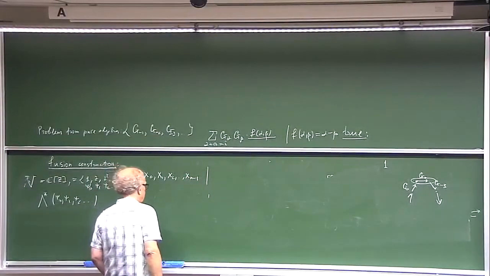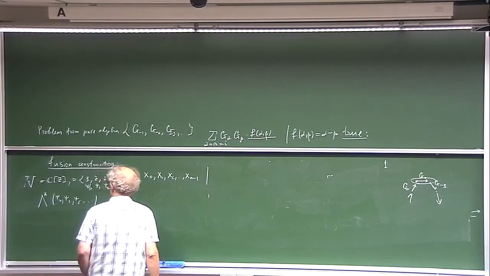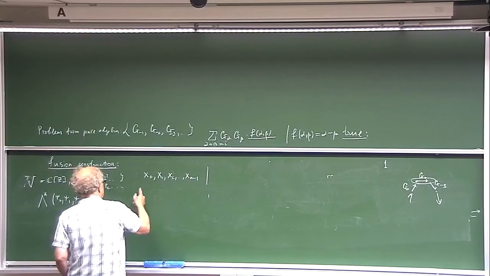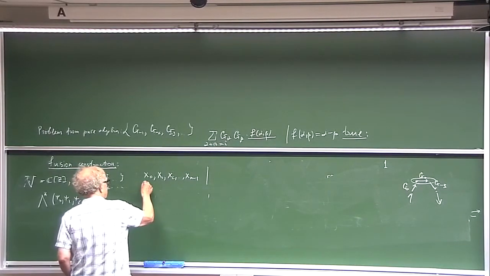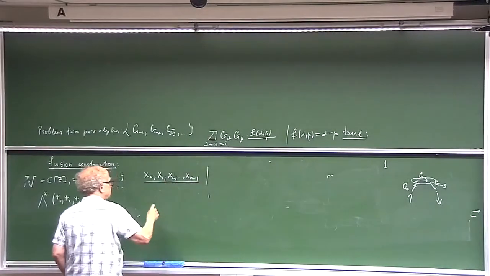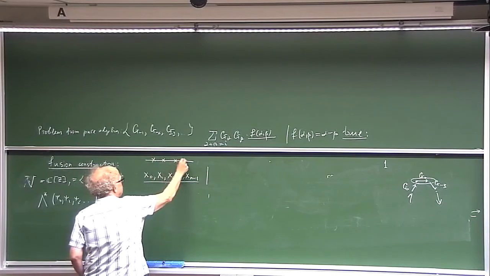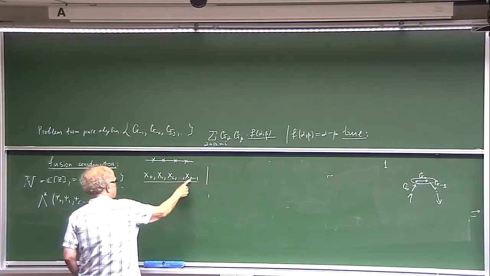They will be some different numbers, and then I take x0, x1, x2, xn. This is the configuration space, configuration of points on a line. Let me fix them.